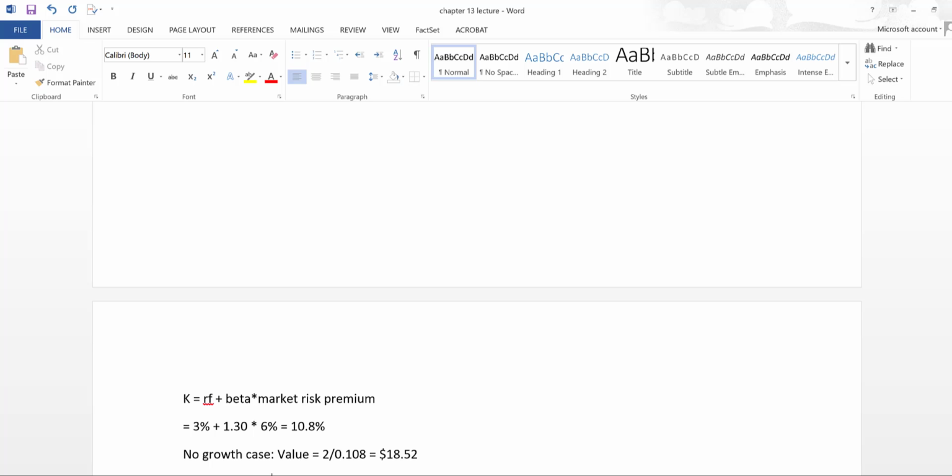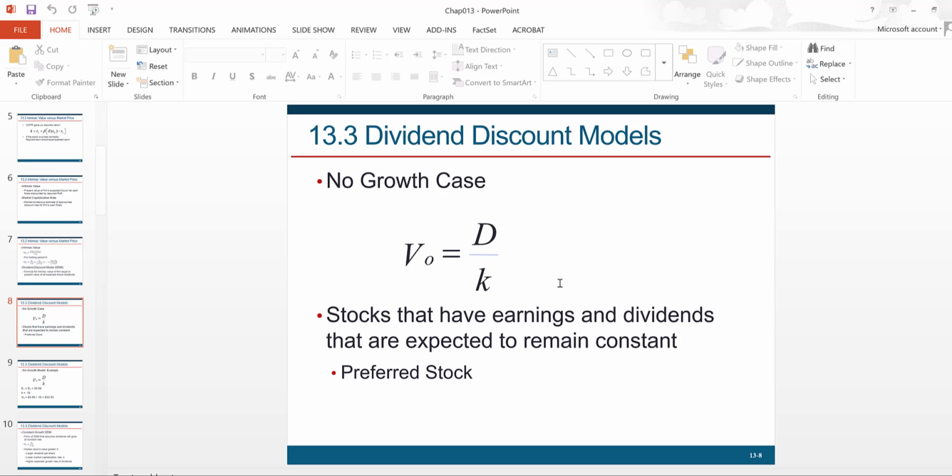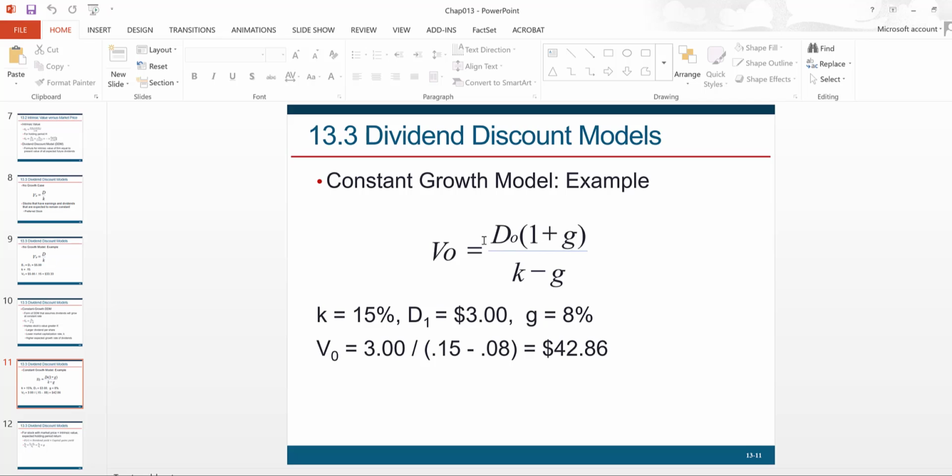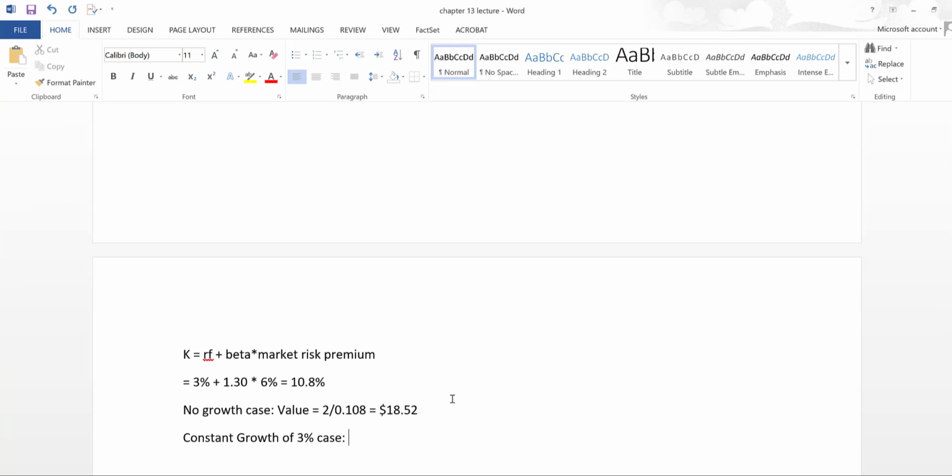Okay, and then we have the constant growth of 3% scenario. Here we assume that dividends would grow at the fixed rate of 3% forever. So the model there is D1 over K minus G, or we can also write this as D0 times 1 plus G over K minus G, and we'll be using this equation since we know D0.